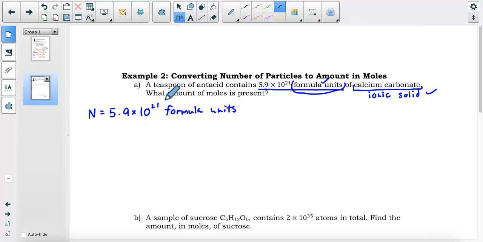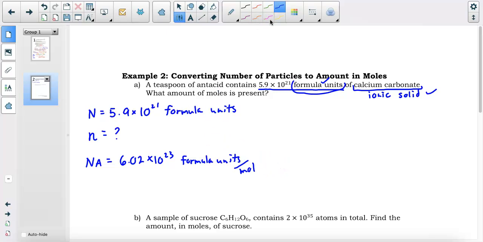Okay, we want to know how many moles are present. So that's going to be our lowercase n is equal to question mark. You always know Avogadro's constant, which is 6.02 times 10 to the 23. And in this case, because we're working with formula units, the units for Avogadro's constant are now going to change to what you are working with. So this is formula units per mole.